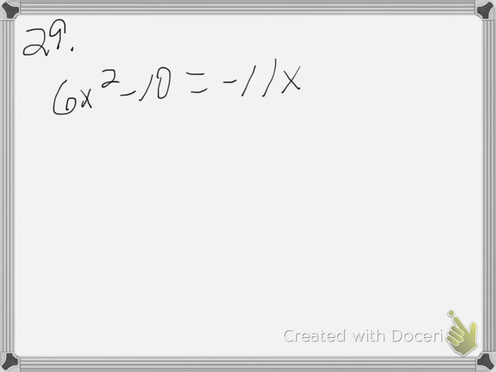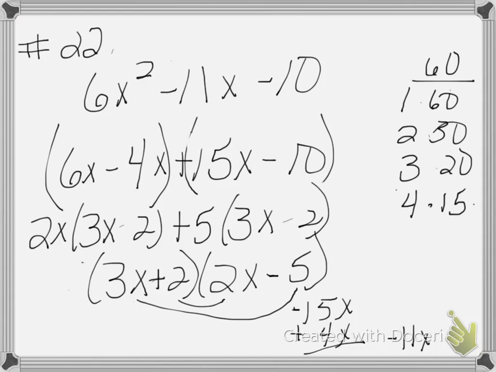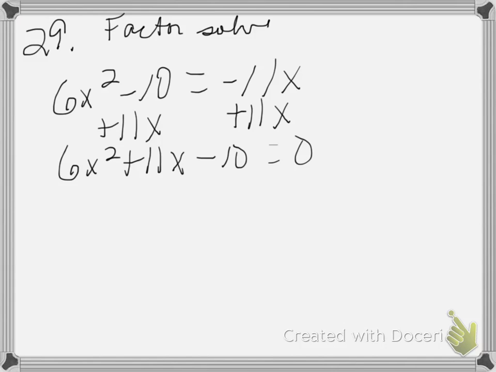Number 29. The direction says to factor and solve. But before I factor, I have to get it equal to 0. So I've got to add 11x. So it's 6x squared plus 11x minus 10 is equal to 0. And this problem looks just like the problem number 22, so I'm not going to finish that one.